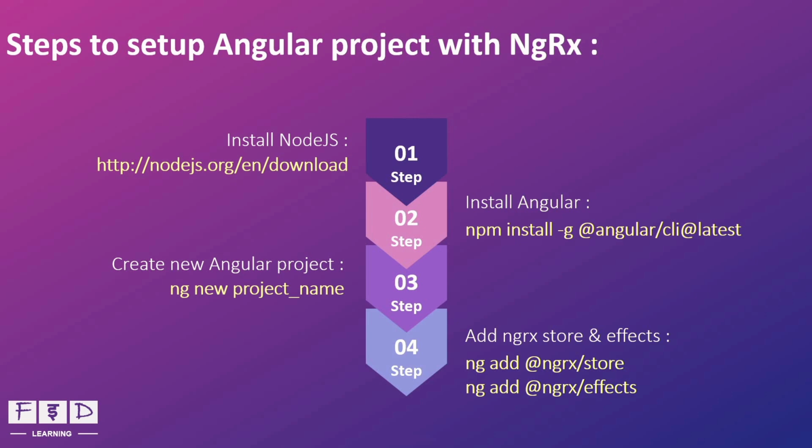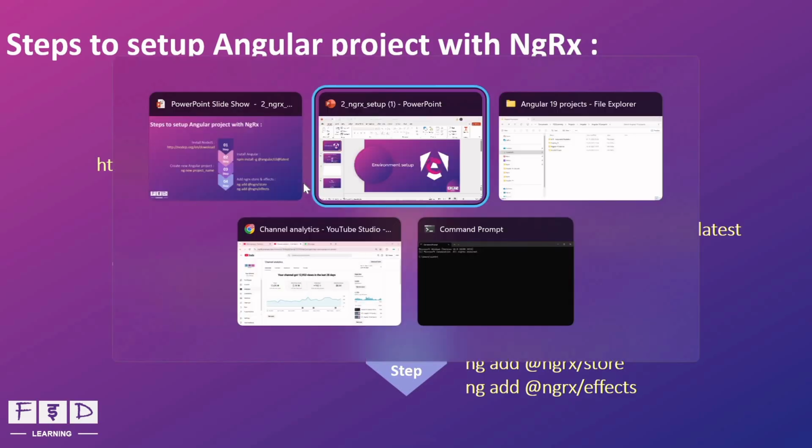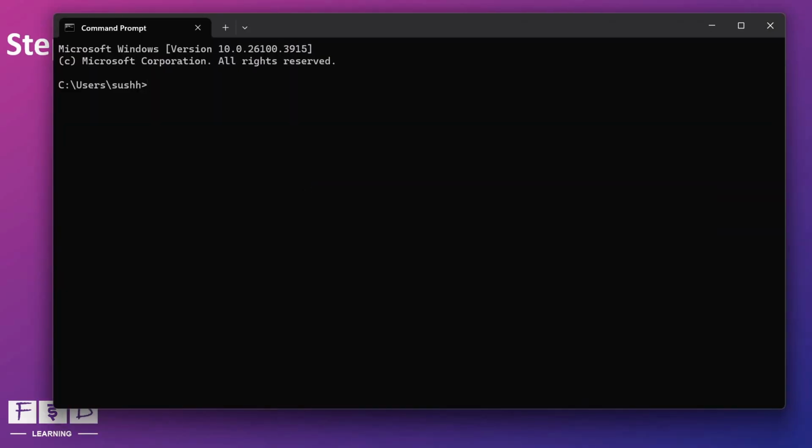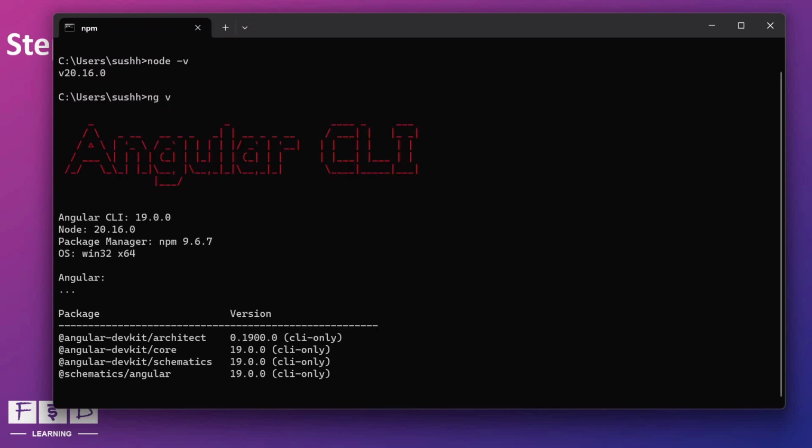According to our plan, we need to create an Angular project, which requires Node.js and Angular CLI to be installed. Since I already have Node.js and Angular CLI installed, I'll skip those steps. But let's verify the versions. Let me open the command prompt. For Node.js, we will run the command node -v, and for Angular CLI, we will run the command ng v.